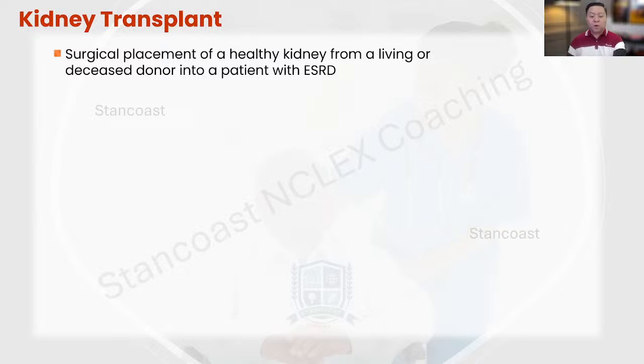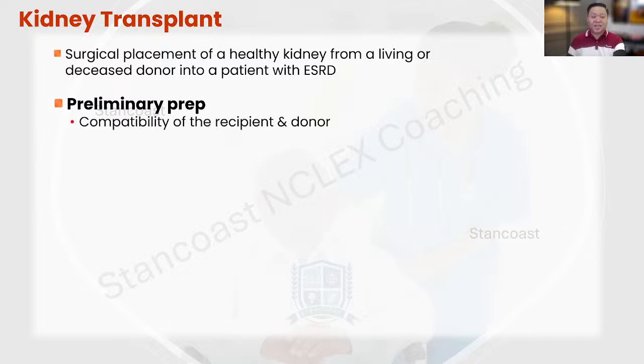Now, for the kidney transplant, there are some preliminary steps and preparations in order for this procedure to be started. The recipient's tissues will need to be compatible with the donor's, and the kidney donors can be alive, non-heart beating, or a deceased donor.